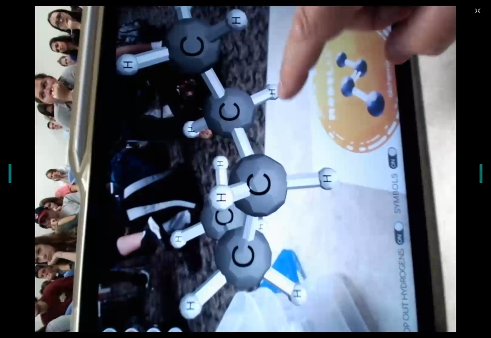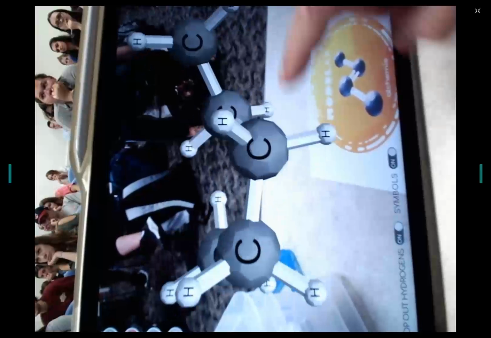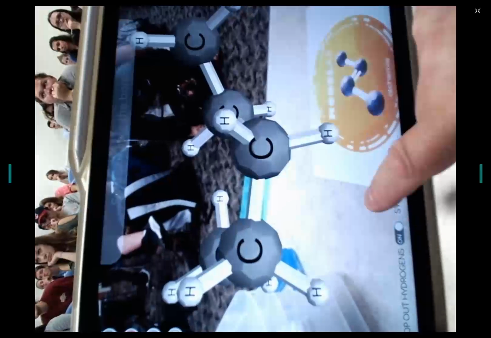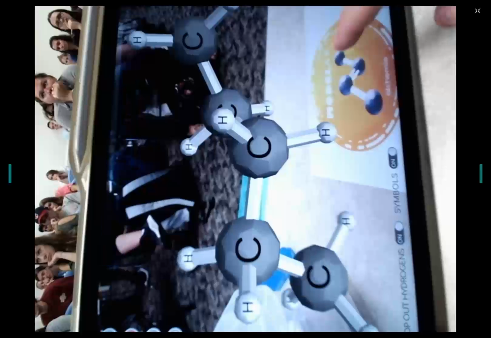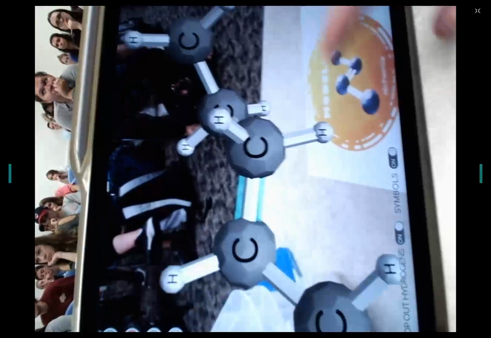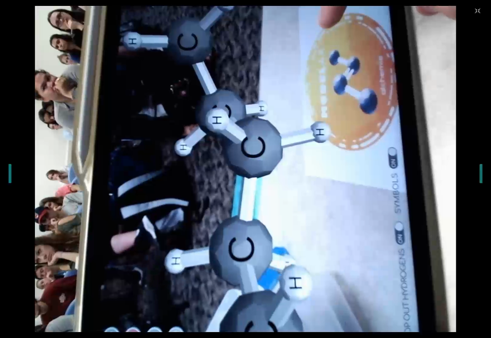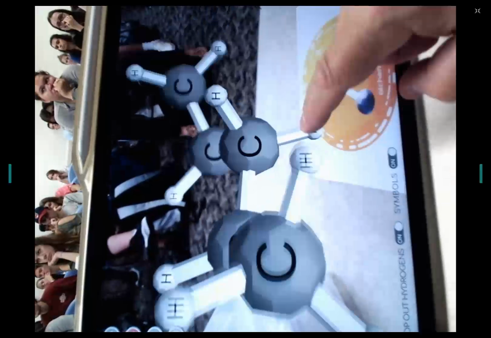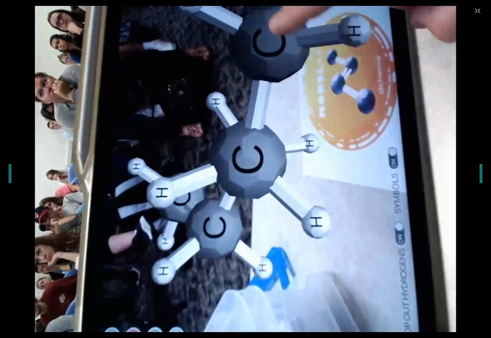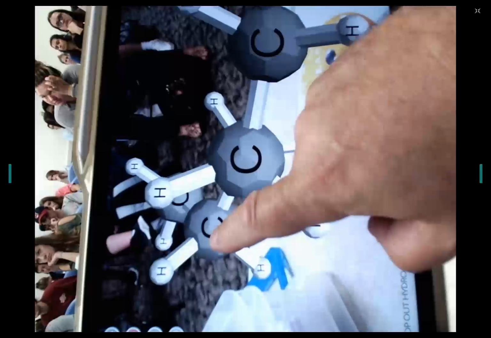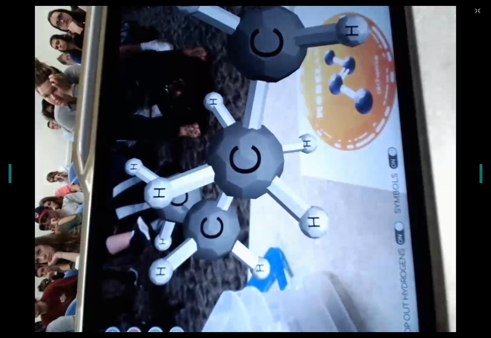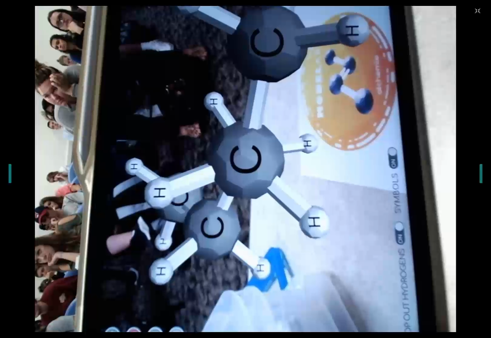If I'm looking down a carbon-carbon bond, I'm going to look down this bond. If I click on that bond, I can now rotate so that, for instance, I could put the methyl and the ethyl group here, so that they are opposite each other. So this is anti between the methyl and the ethyl.